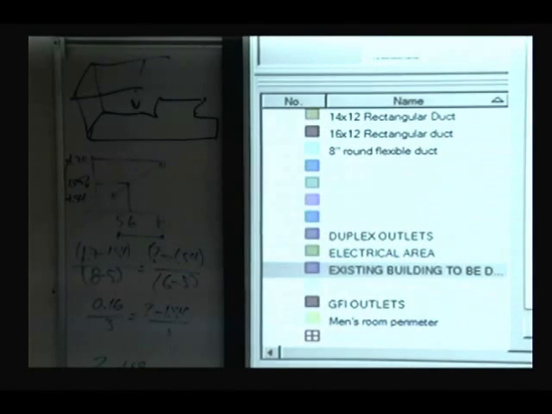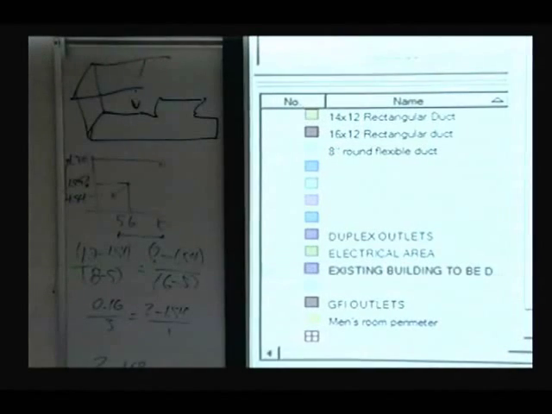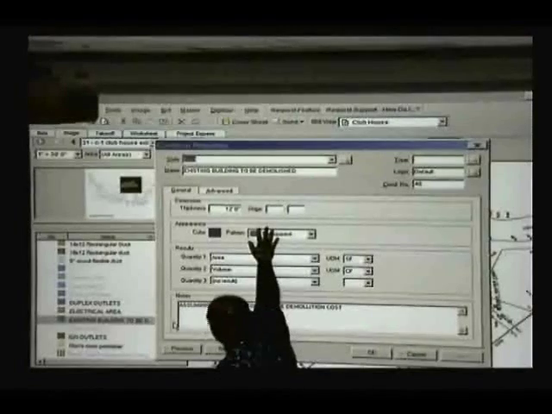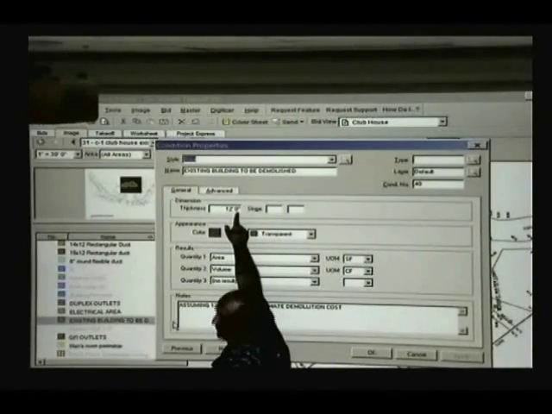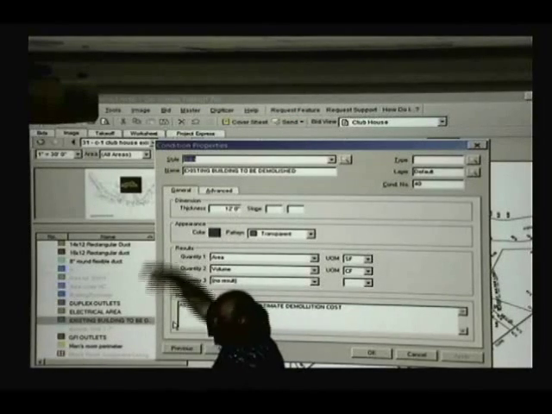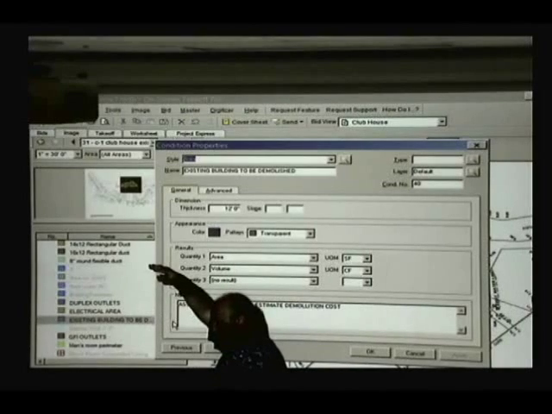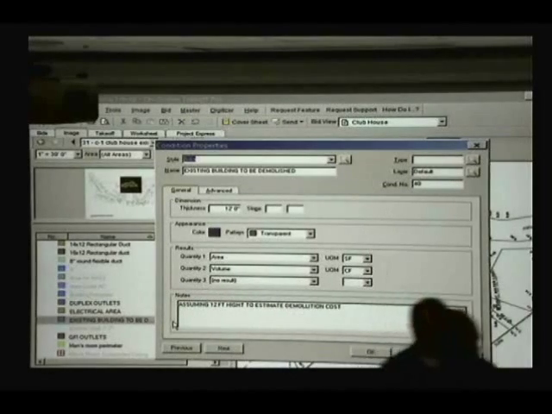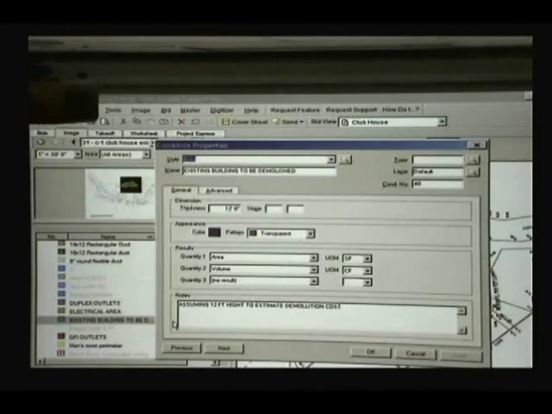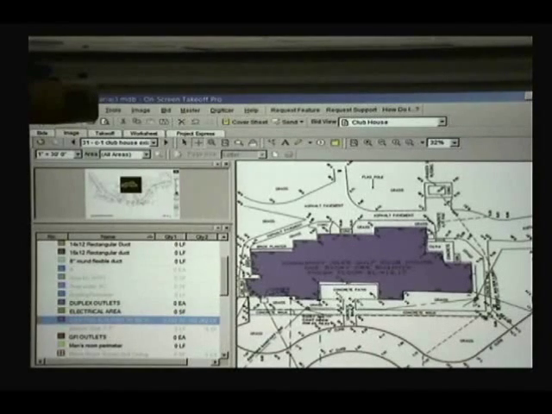This is the existing building to be demolished. That's the condition I'm creating. It has a 12 feet thickness. So the area multiplied by 12 will give me the volume, right? And the value changed from what I had before because we corrected the scale.